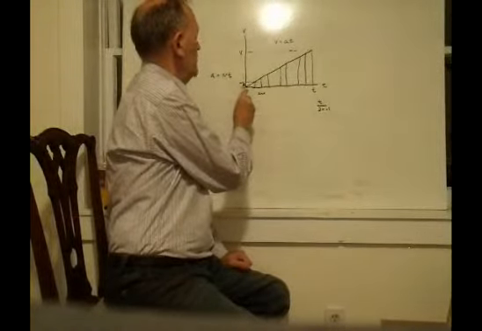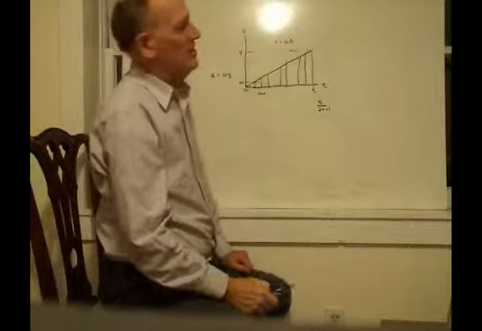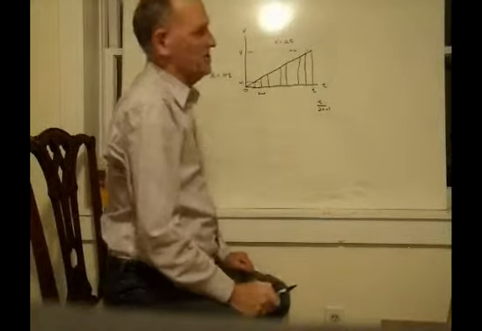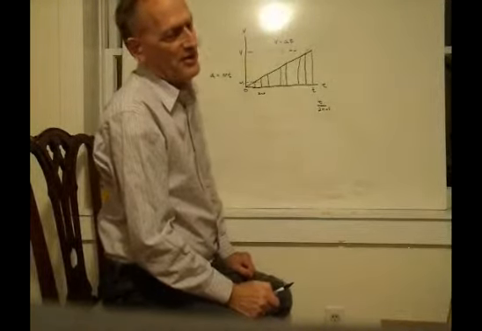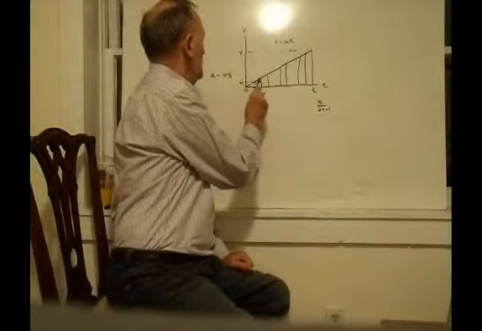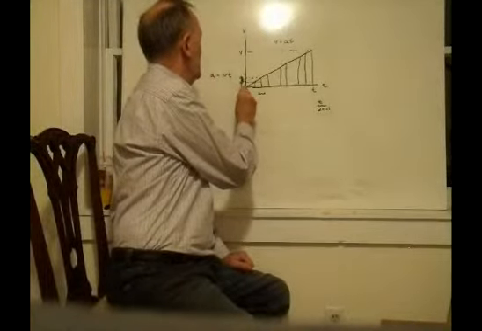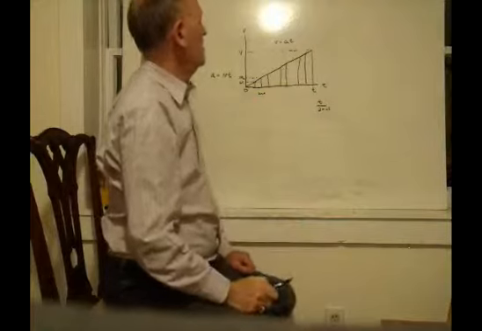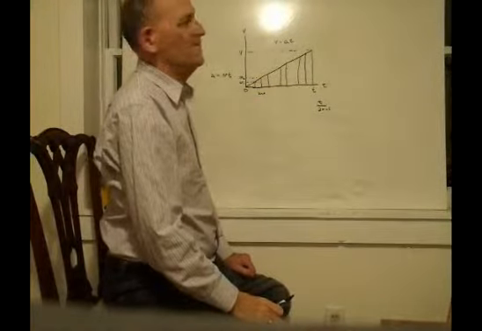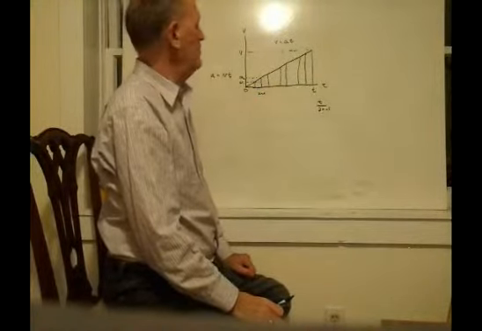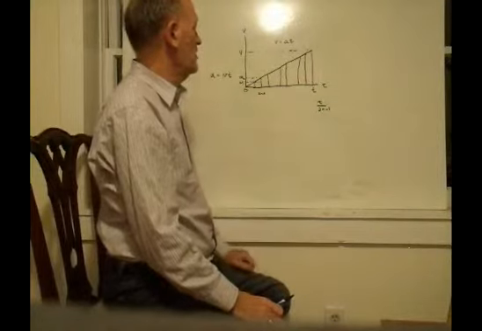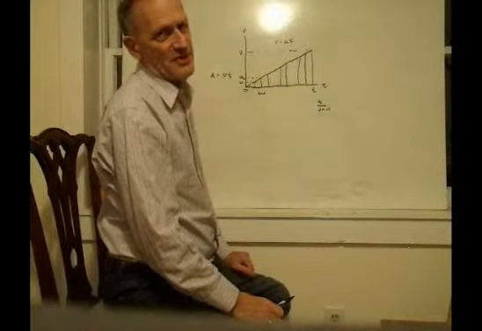We'll call this V1 for the moment. Our second interval, the velocity starts at V1, and it goes up to V2.